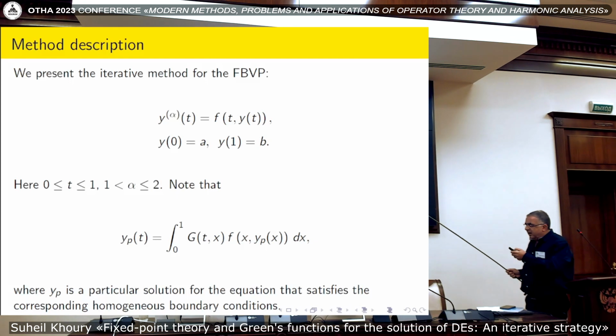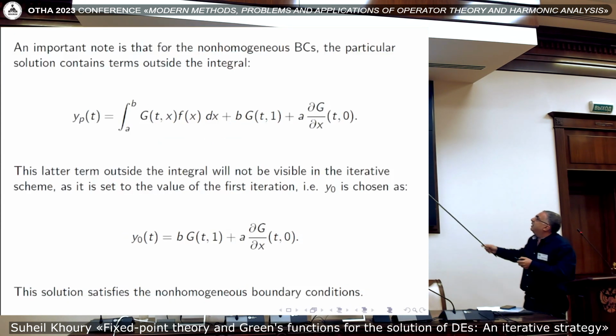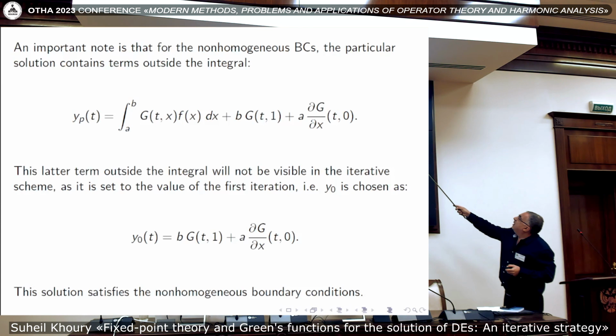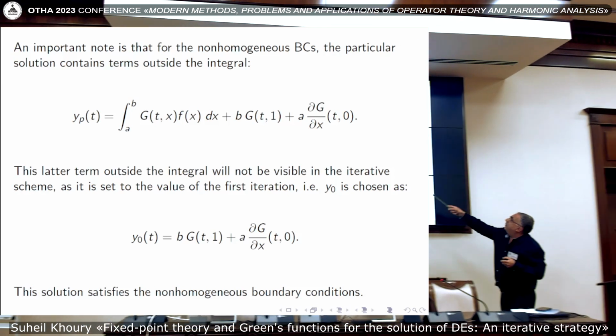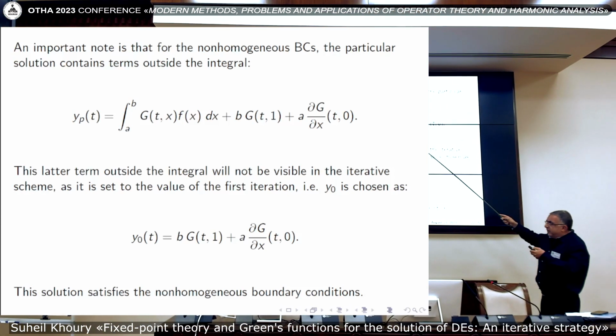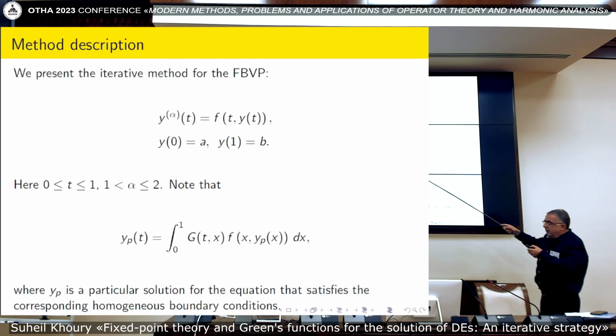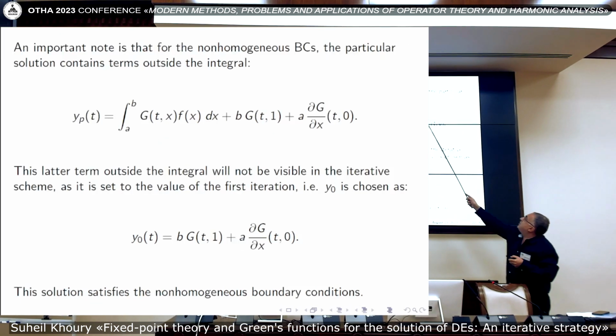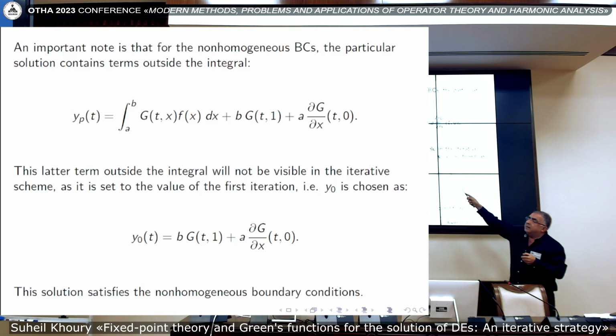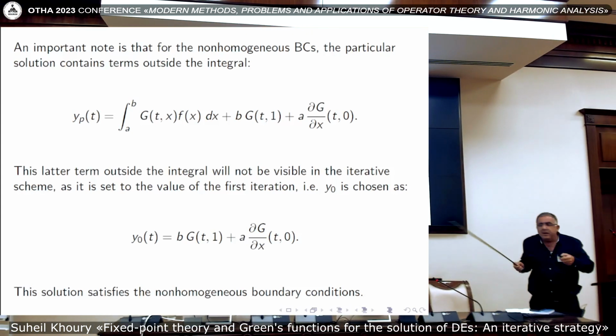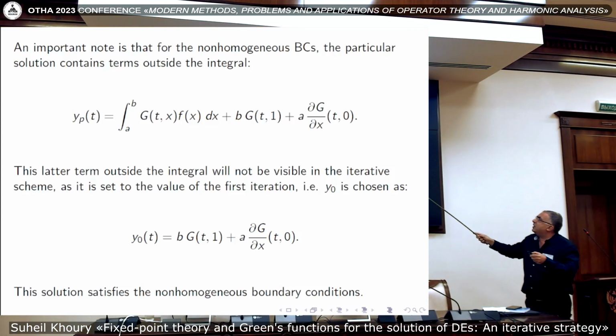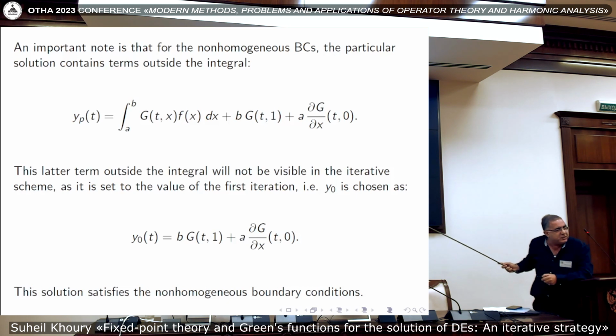But in general, there are more terms, for example, the previous one that I showed, this one, the particular solution will have some terms outside. From now on, it's not exactly that the particular solution is the integration of g times f. So there are some terms outside depending on the boundary conditions or the initial conditions.